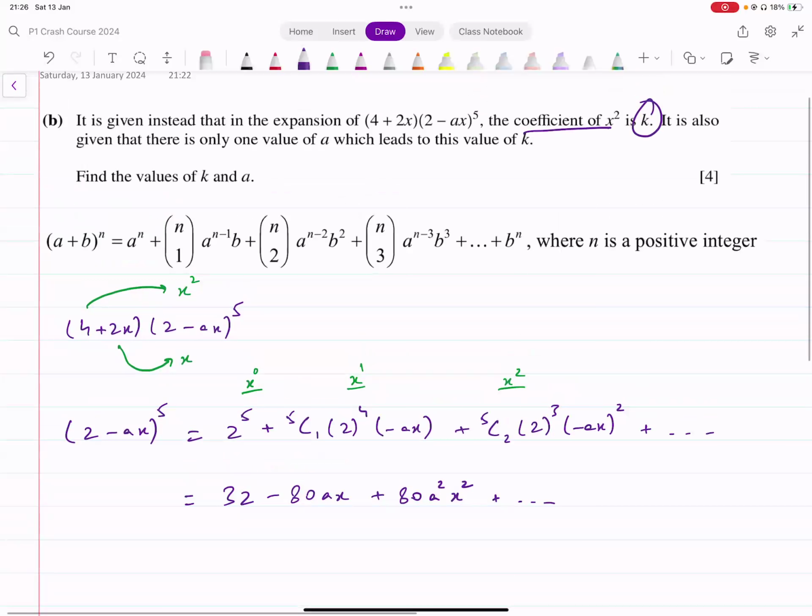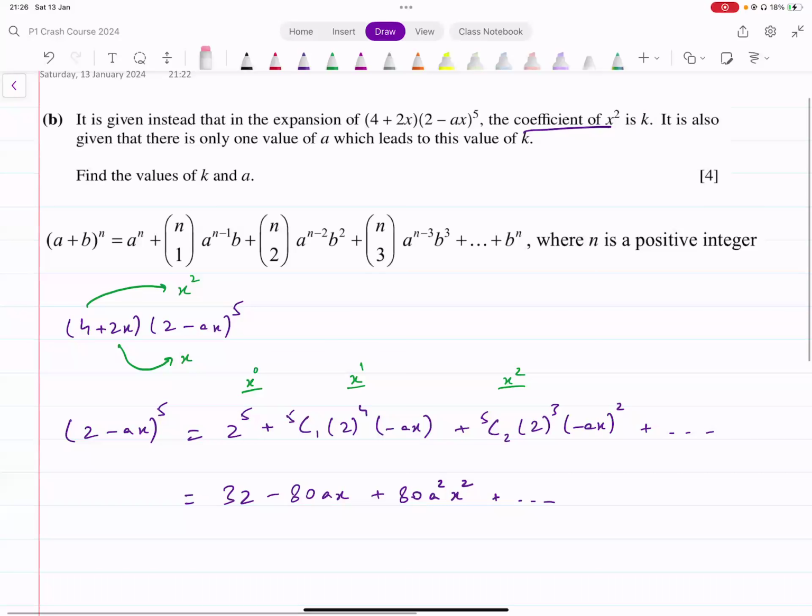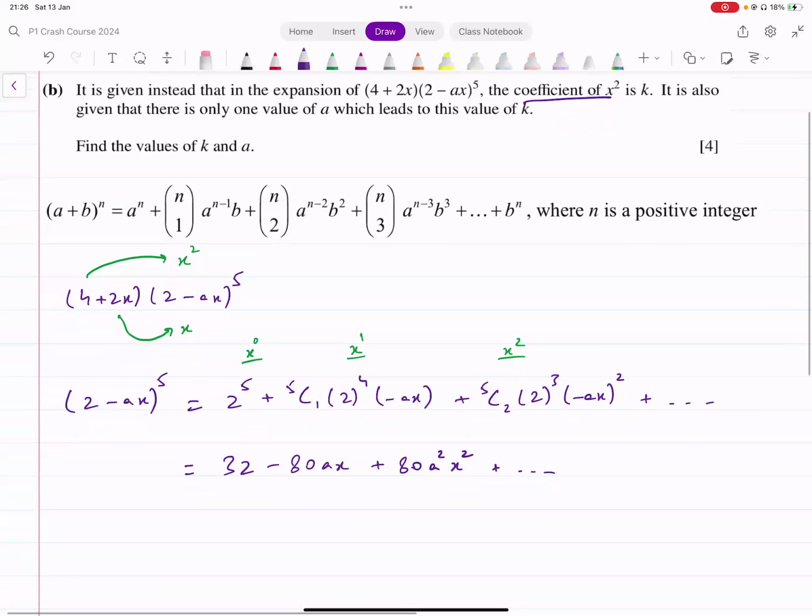Now it says that the coefficient of x square is supposed to be k. Now, what's the coefficient of x square? This is the coefficient of x square. 80a squared. So 80a squared should equal k.